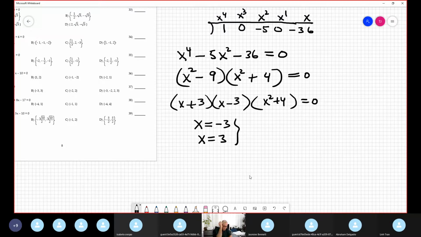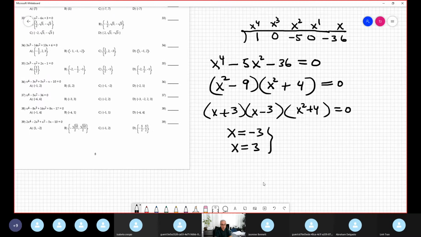So there is no recipe. You use your common sense and imagination, and the combination of two tools, factorization and synthetic division. Synthetic division is another way to factor. Any question on 37?